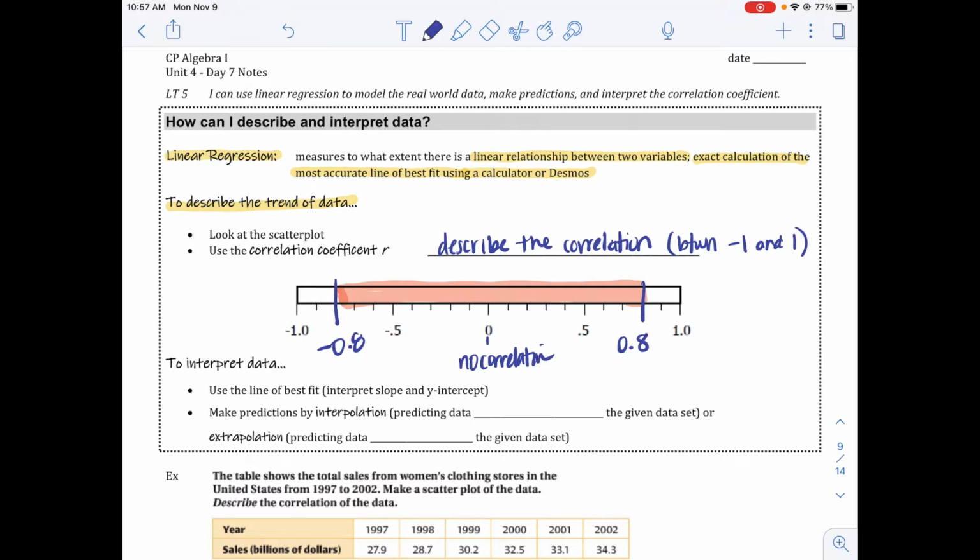So anything between 0 and +0.8, we would describe it as weak positive correlation, versus 0 to -0.8, again, we would use the word weak, but it's going to be a negative correlation.